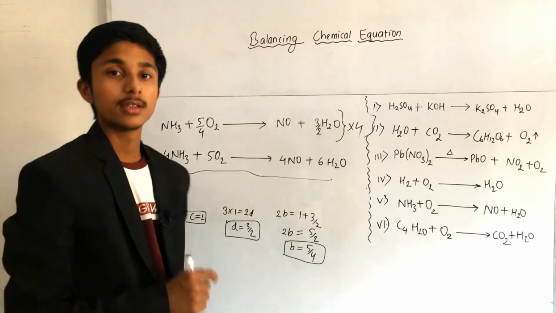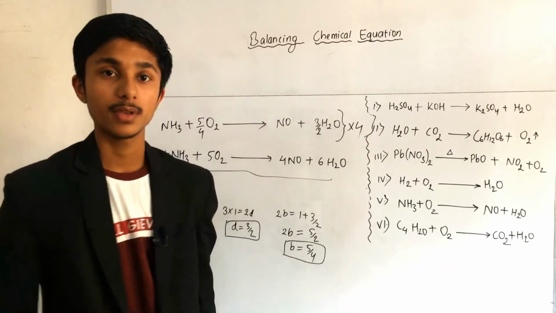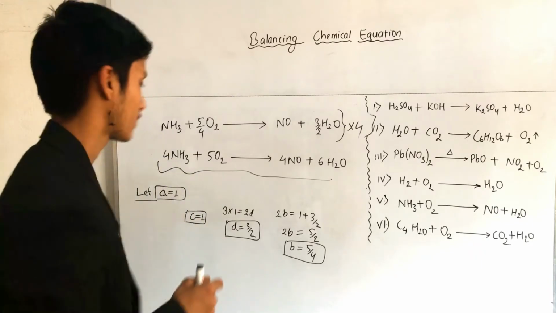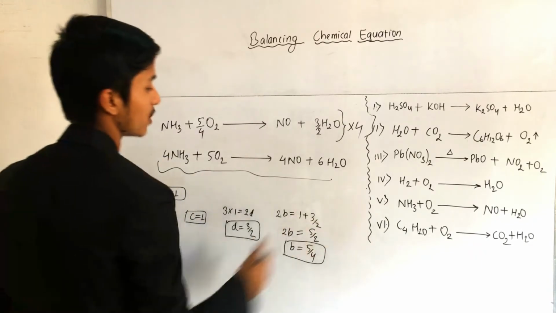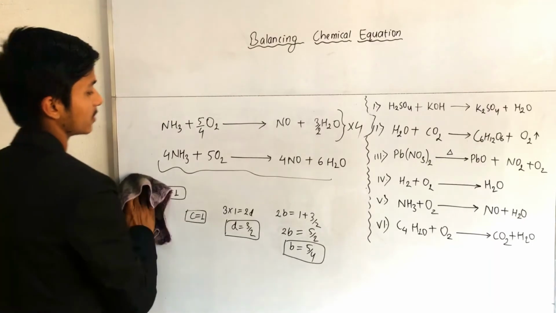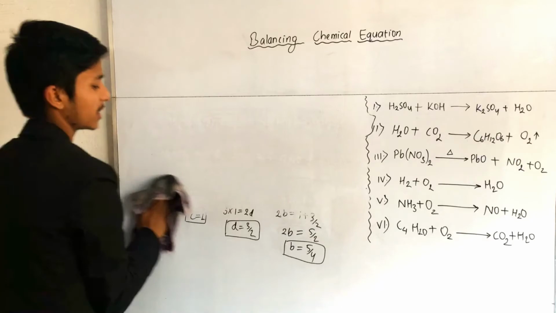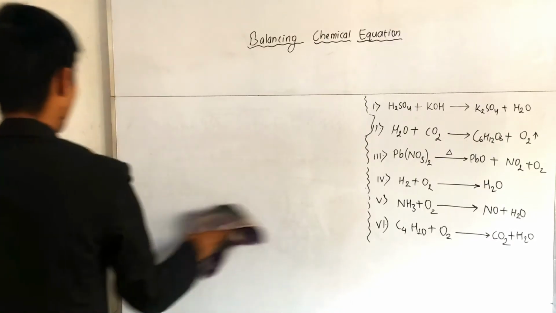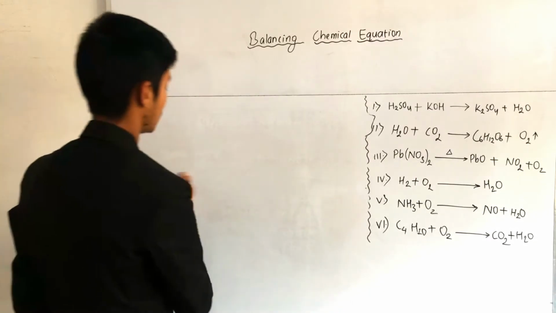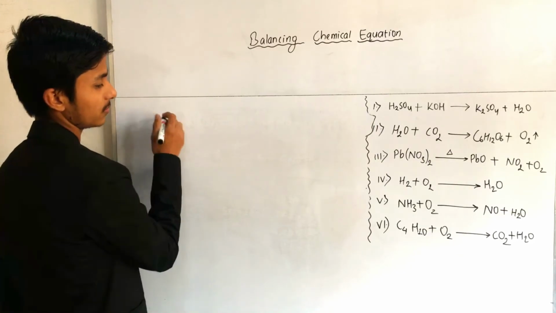Okay, this is a very funny, very interesting method, you can see. Now we go to our next question, that is number 6, and in this way you can practice many more questions. Using this method you can balance any equation.